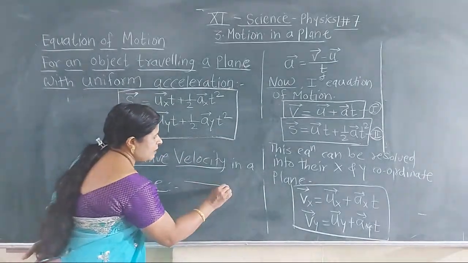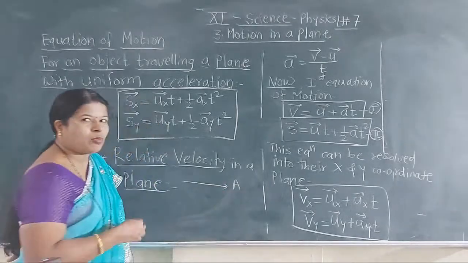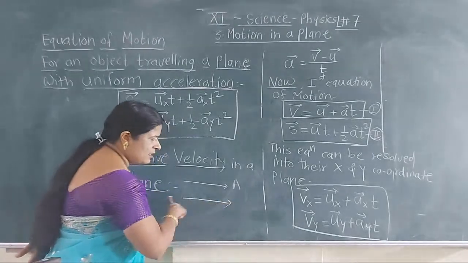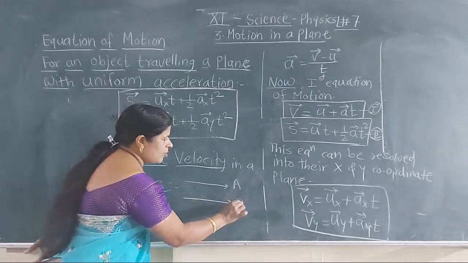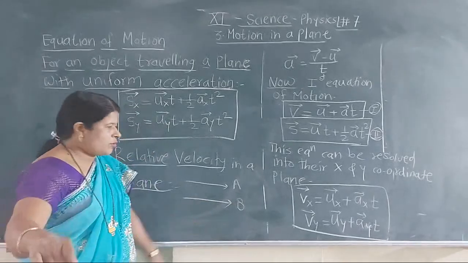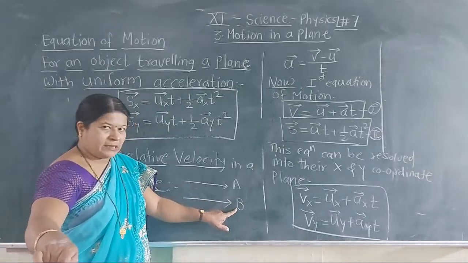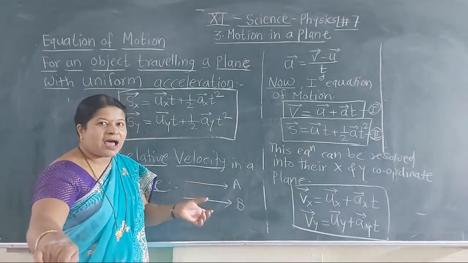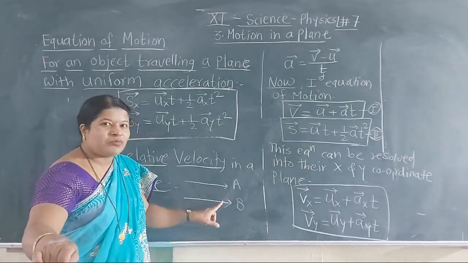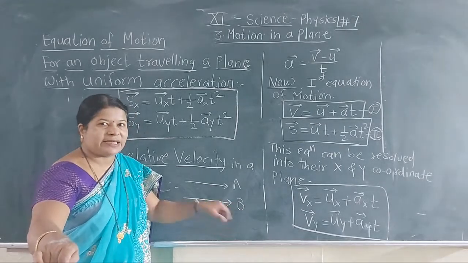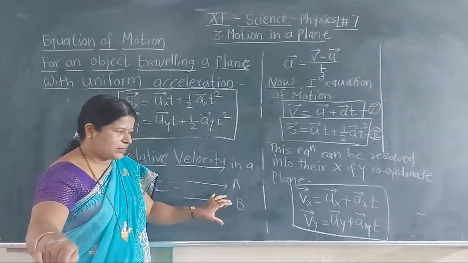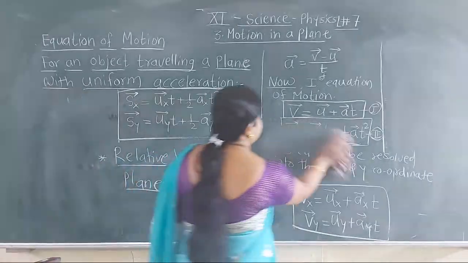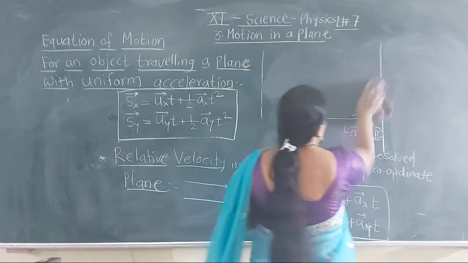For example, this is the motion of object A in a straight line. Then in a similar direction, the motion of object B. Then these two objects are in relative motion, as we already studied in rectilinear motion. So we can define these relative velocities between these two objects.